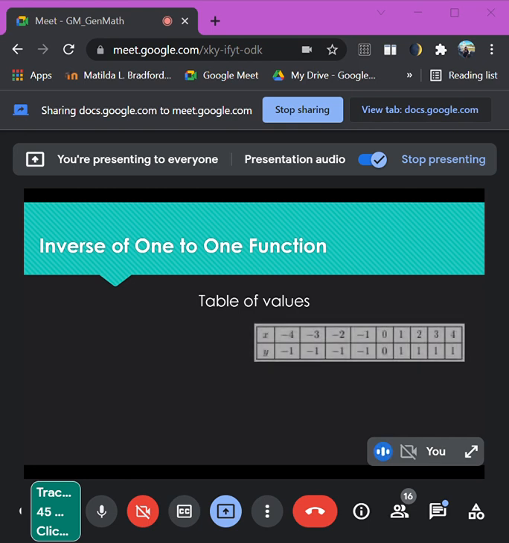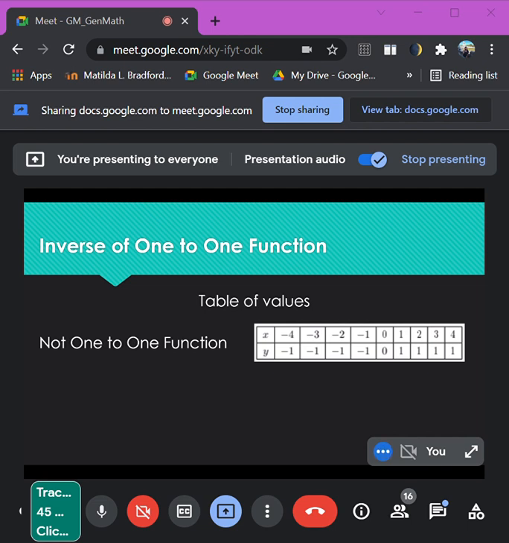So in this one, you have another example which is negative 4, 1, negative 3, 1, negative 2, 1, negative 1, 1, 0, 1, 1, 1, 2, 1, 3, 1, 4, 1. Is this a one-to-one function? No. Okay, not a one-to-one function.